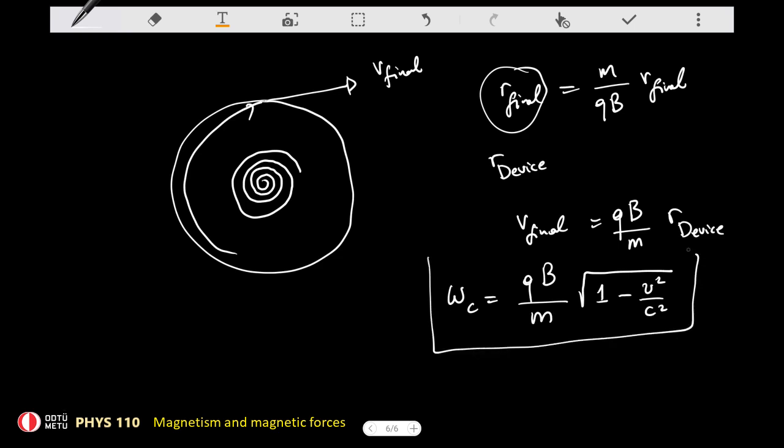That's the correct expression for the cyclotron frequency. At high speeds, when the particle reaches speeds comparable to the speed of light, the cyclotron frequency actually decreases. Because of that, you cannot use this design to accelerate particles once they reach speeds comparable to the speed of light. So you have to do something else.